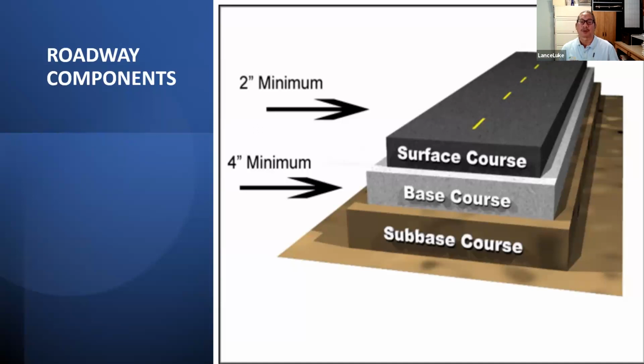And under that is a sub-base course, or your dirt or your soil. Okay, so normally, if we take it from the ground up, you have your dirt, and then you have base course on top of that, and then on top of your base course, you have your asphalt, as your surface course. So basically, this is a simplistic format of how your roadway is constructed.